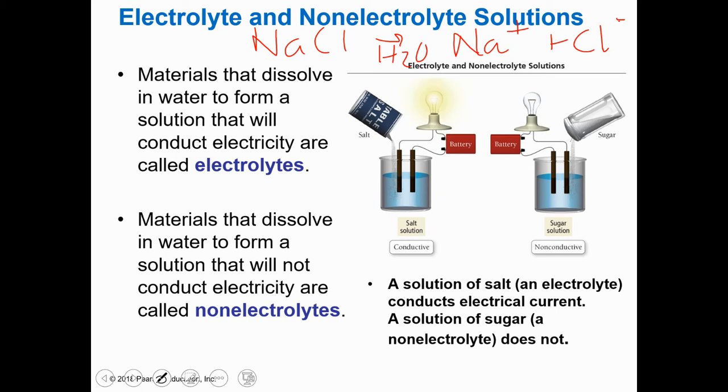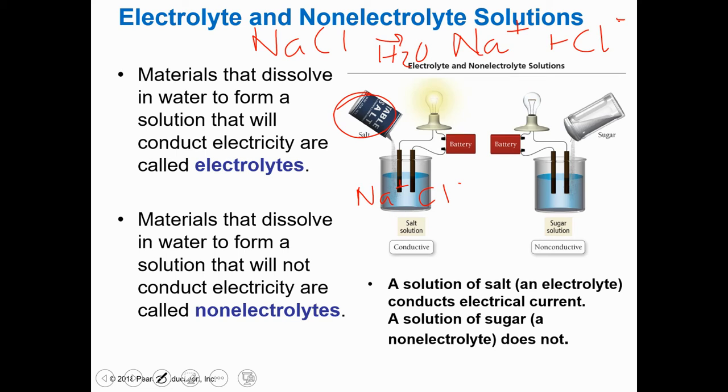Electrolytes conduct electricity. So if I have sodium chloride going into my water, I'm going to have these ions floating around. The ions can conduct electricity, and so if I were to put electrodes in there attached to a light bulb and a battery, it would light up the light bulb.